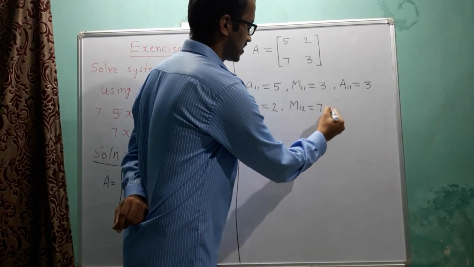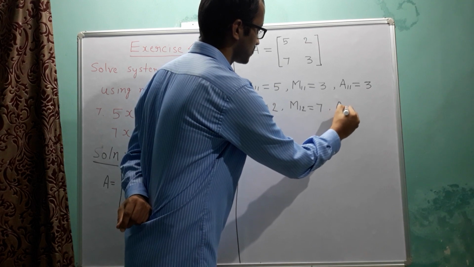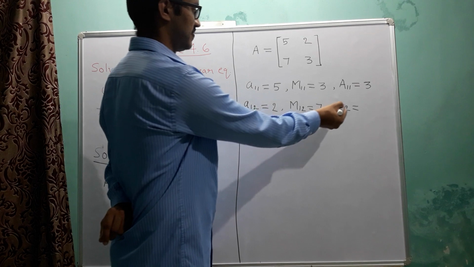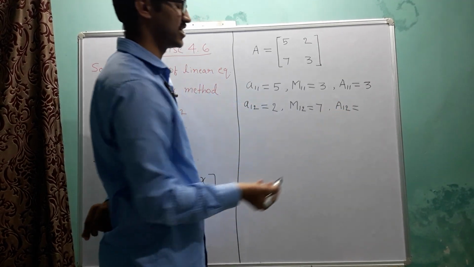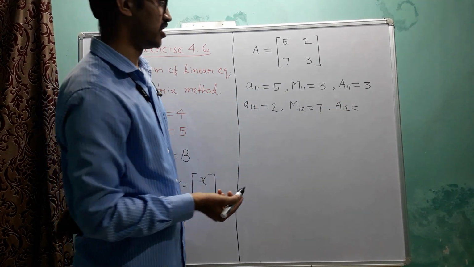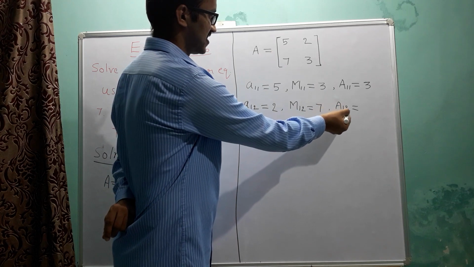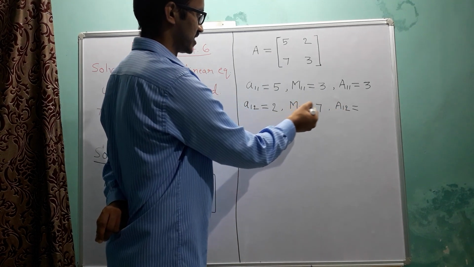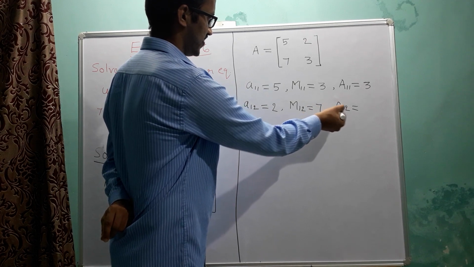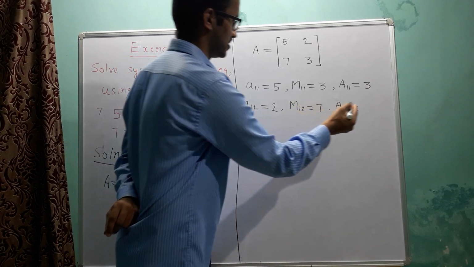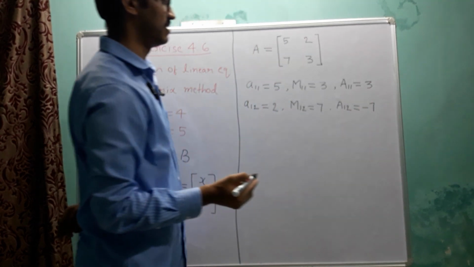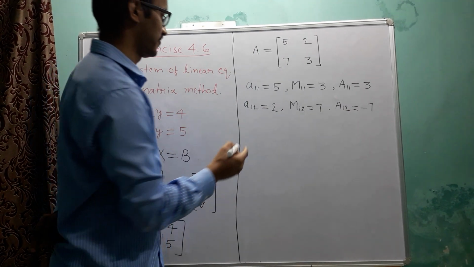And cofactor A12: the sum of the suffix, 1 plus 2, is 3, which is odd. When the sum of the suffix is odd, the cofactor will be the negative of the minor. So here, the negative of the minor 7 becomes minus 7.